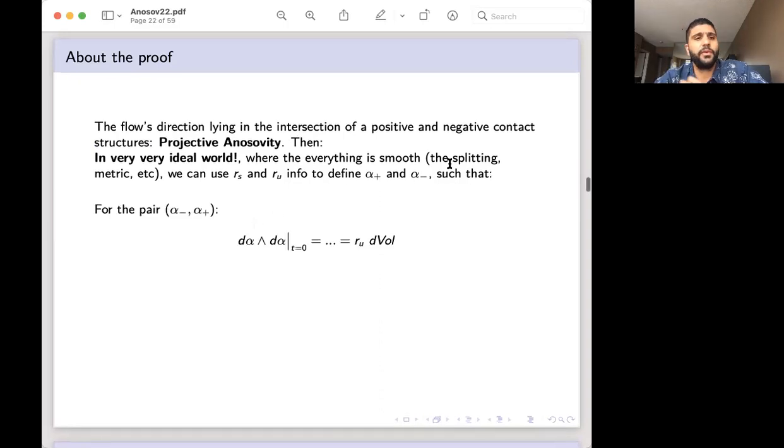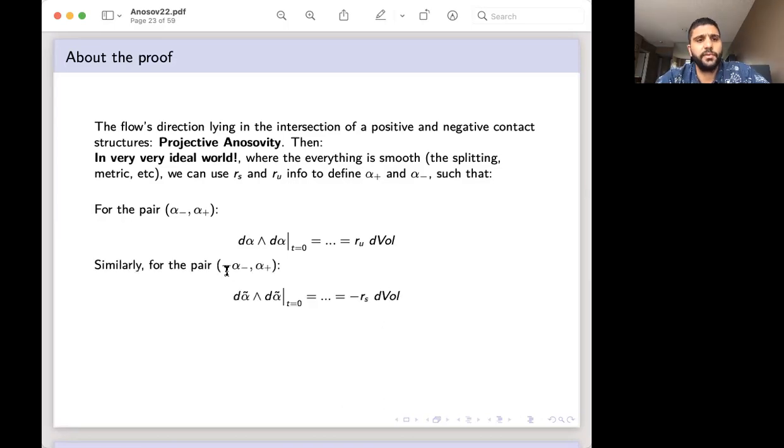So for an appropriate choice of alpha minus and alpha plus, I basically use RS and RU, the information from the metric, to define these one forms alpha plus and alpha minus. If alpha is the interpolation of alpha minus and alpha plus inside my 4-manifold, it will be easy to compute that d alpha of h d alpha, evaluated in the middle of this interpolation, is going to be RU times some volume form.